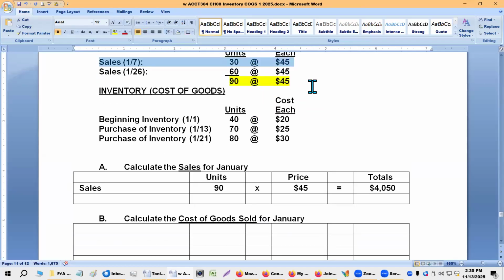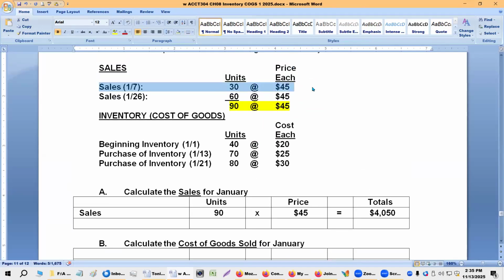We sold these 30 on the 7th. I'm going to take this off. It's in here. Now on the 7th, coming down here, we have to calculate the last ones in that were in on the 7th when we made this sale.